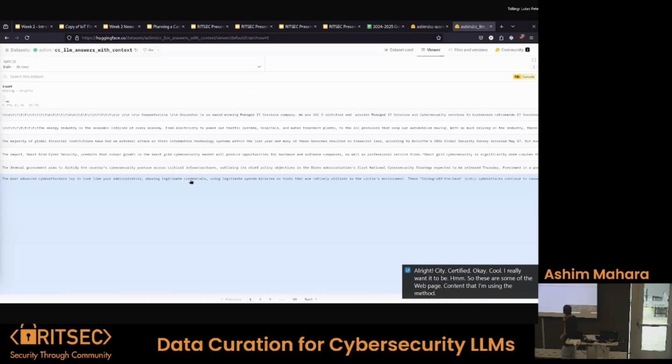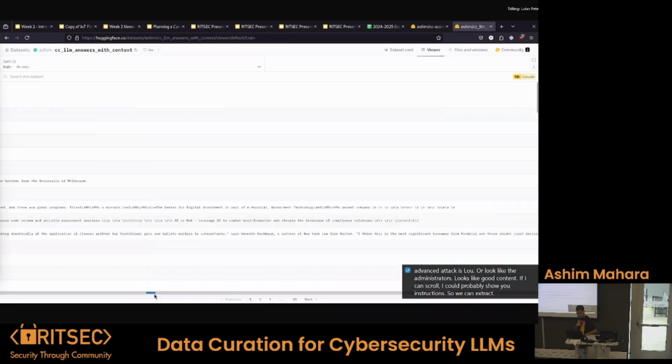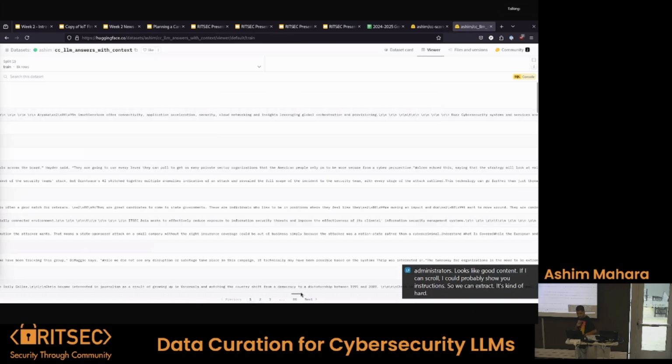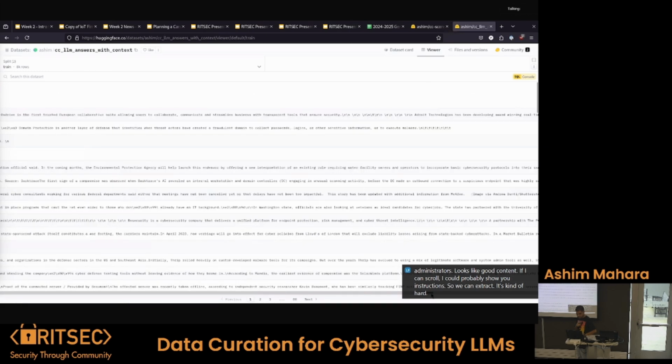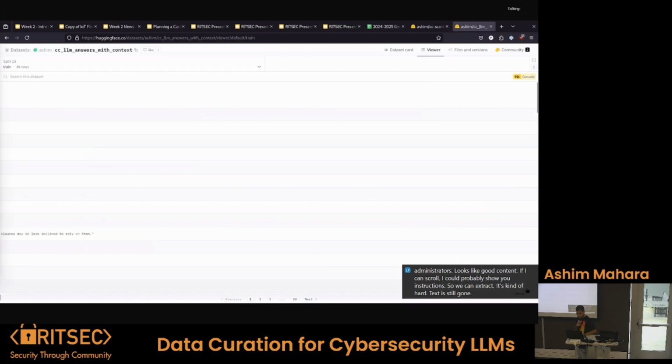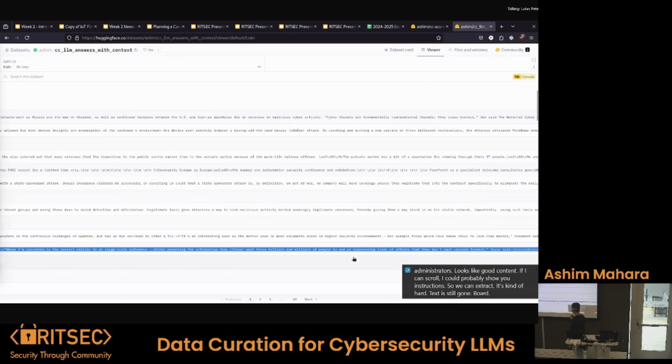Let's just read through one. The most advanced cyber attackers try to look like the administrators abusing. Looks like good content. If I can scroll, I could probably show the instructions that we can extract, but it's kind of hard. The text is still gone. Holy crap. Well, I don't think that's possible.